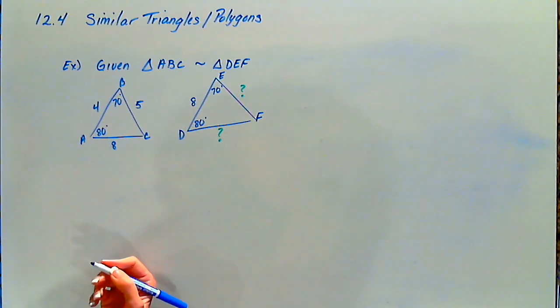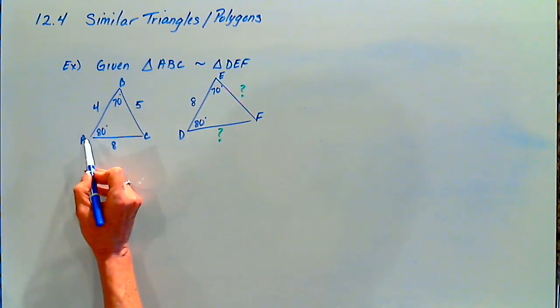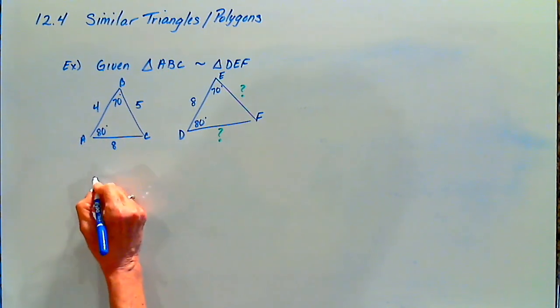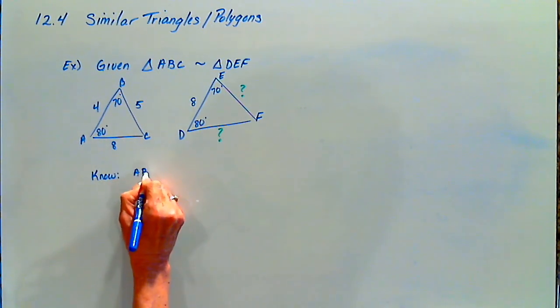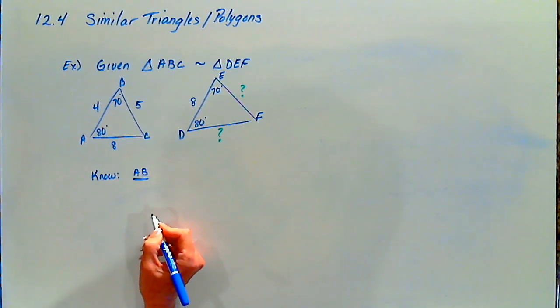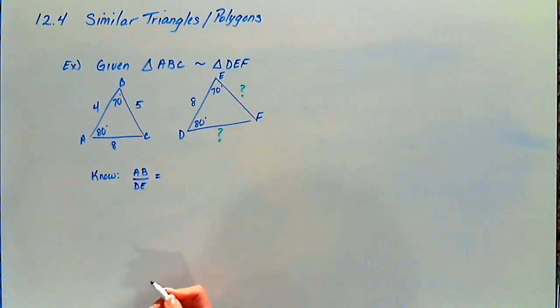In this case, I know DE and I know it corresponds to AB. So I'm going to set up my other proportions.